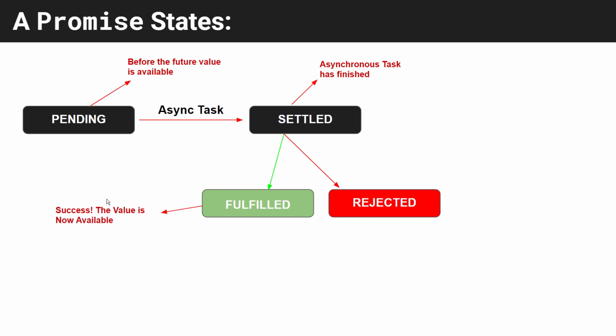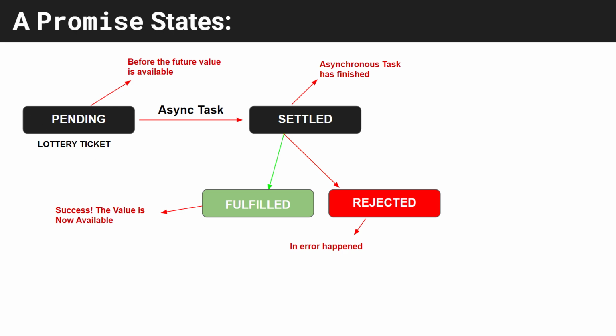Once you get the success result, the success value will appear inside your web page. Otherwise, if you are not getting the result from the API, you will get a reject and it will display the error inside your console or inside your web page. So let's look at the same example that we saw earlier, the lottery ticket.